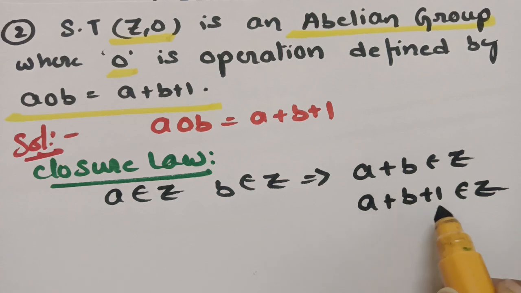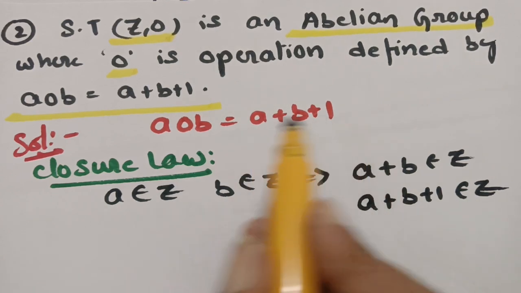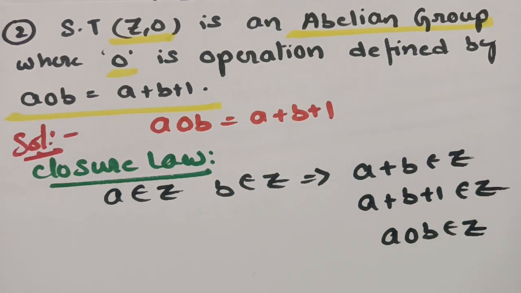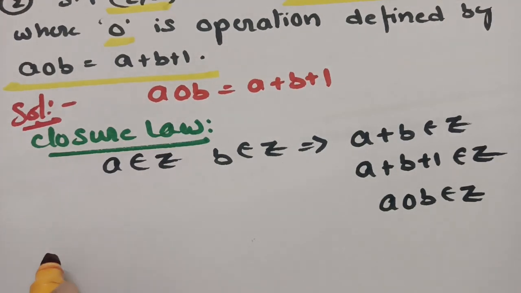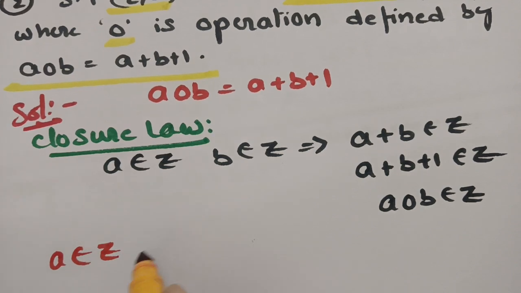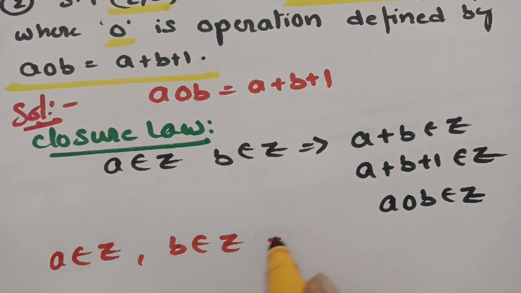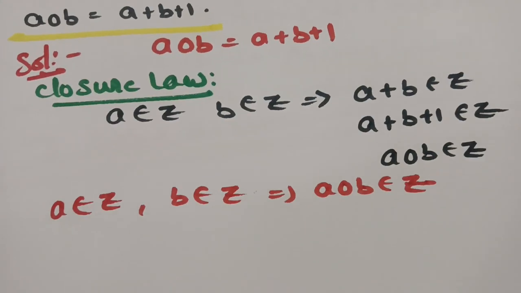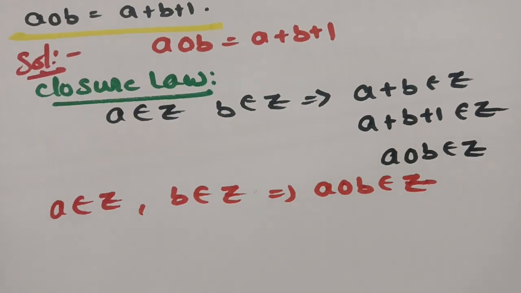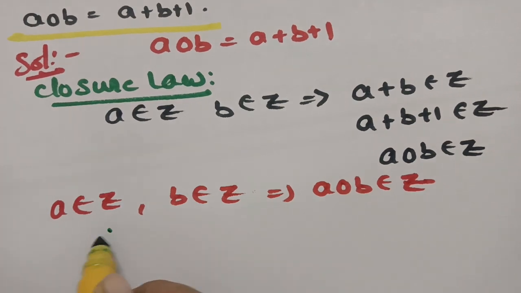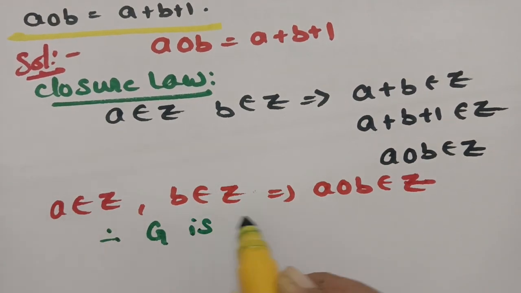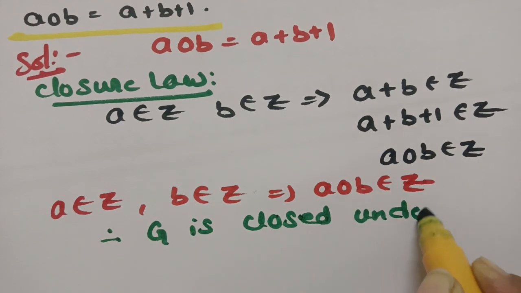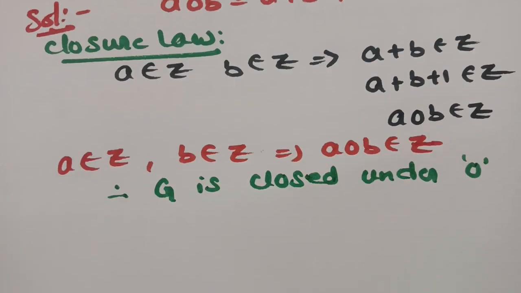So a + b + 1, which is nothing but a ∘ b, belongs to Z. Therefore a belongs to Z, b belongs to Z, and a ∘ b belongs to Z, and therefore G is closed under the binary operation circle.